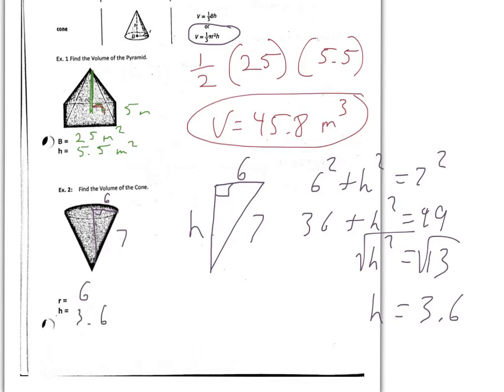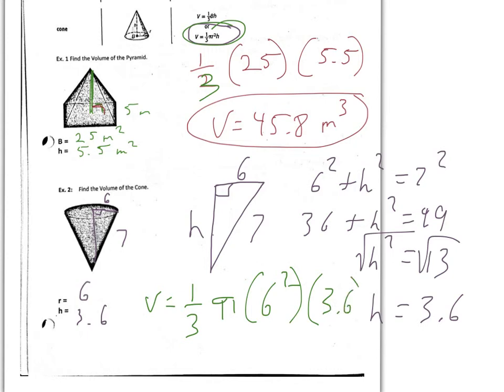Then we just plug it into our formula. And actually I wrote that incorrectly here, didn't I? That should have been 1/3 on that first one. So the volume is 1/3 times pi times the radius, which is 6 squared, times the height, which we calculated to be 3.6. When you calculate that, you should end up with a volume of 135.7 cubic meters.